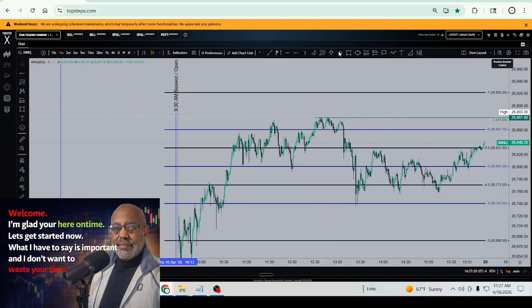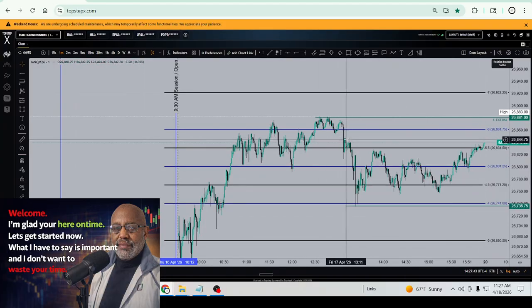and I'll also mark this level because it's in that price range right now. So right now it's making lower highs. It retraced here.